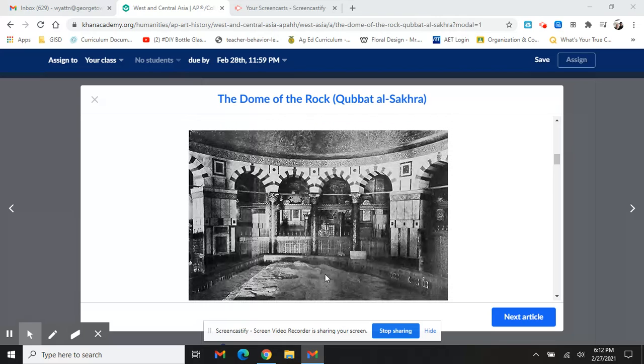And so it is called the Dome of the Rock because there is a large rock in the center. They believe that in Christianity, Judaism, and Islam, there is a story in the Bible and in the Quran that says that God asked Abraham to sacrifice his most beloved son.